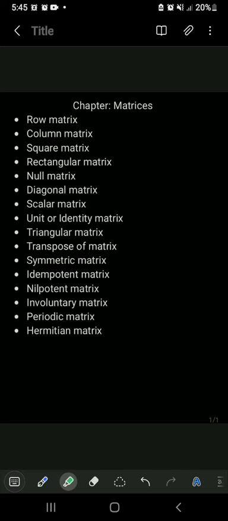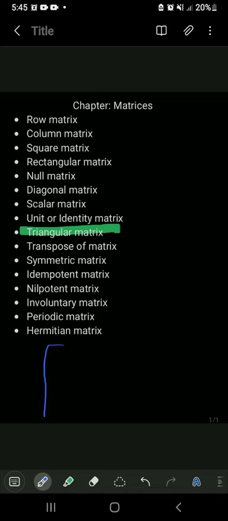If we talk about triangular matrix, which means whose upper or lower elements are zero, basically there are two types of triangular matrix: upper triangular matrix and lower triangular matrix.